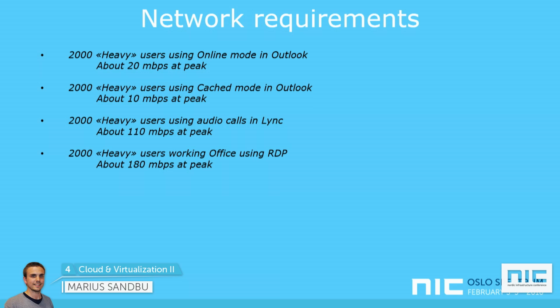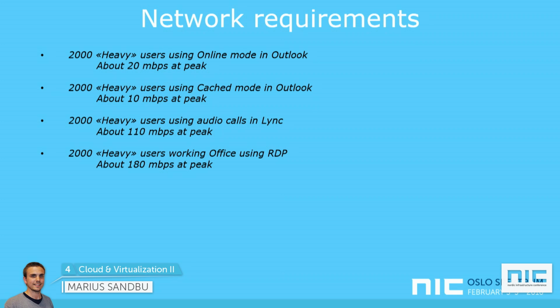So if we have also 2,000 users using audio calls in Lync, running from our terminal servers, this will generate about 110 megabytes at peak. So this is just audio calls, not video calls. And what if we have the same amount of users using RDP as well to connect to the terminal servers and start Lync from there?